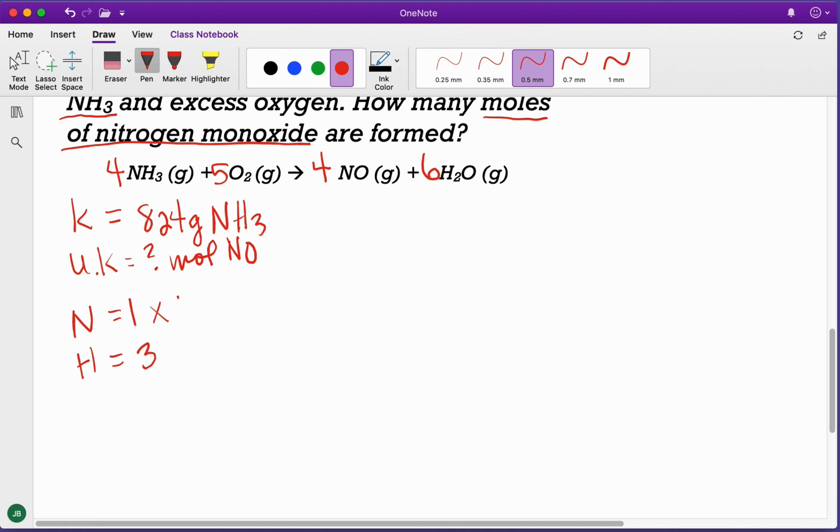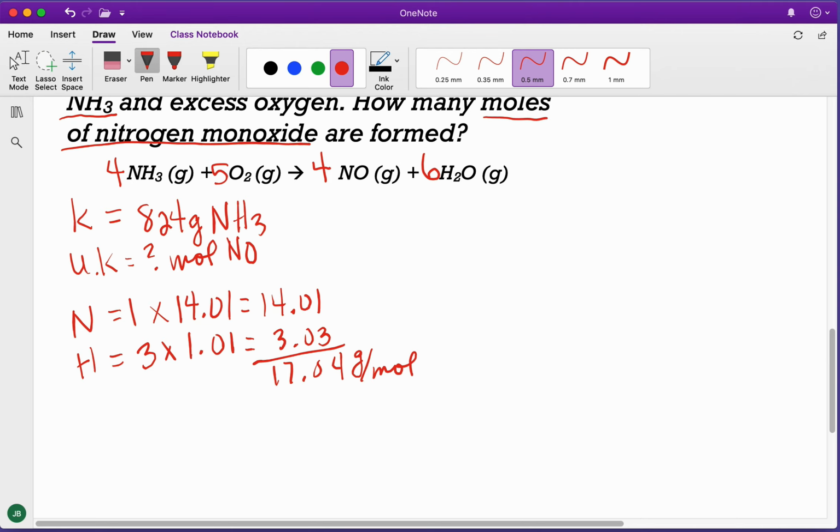Nitrogen, once again, from the periodic table is 14.01, and hydrogen is 1.01. And we add all that together, and we get 17.04 grams per mole.